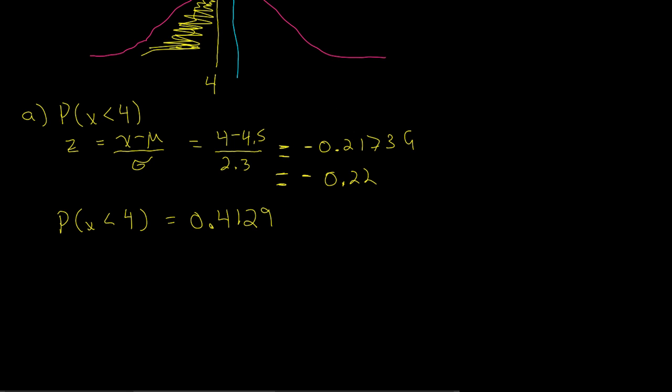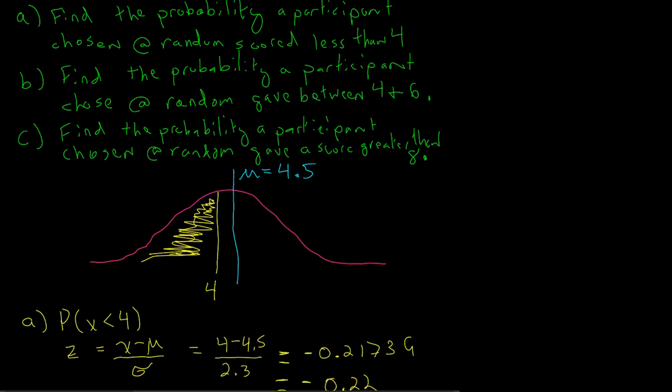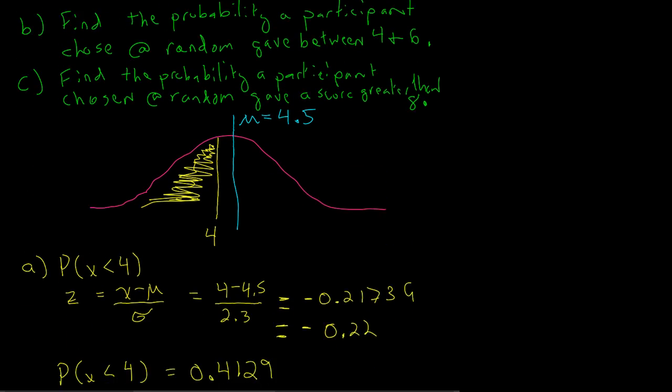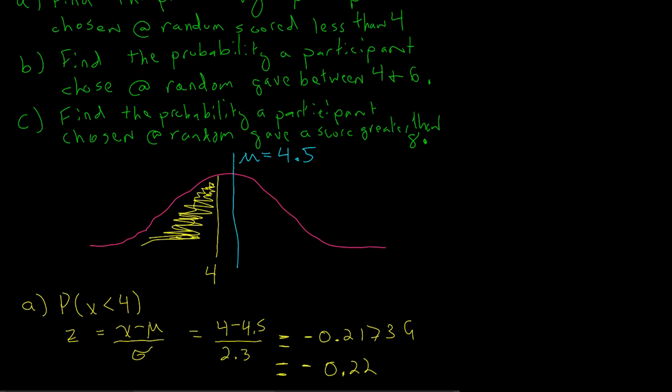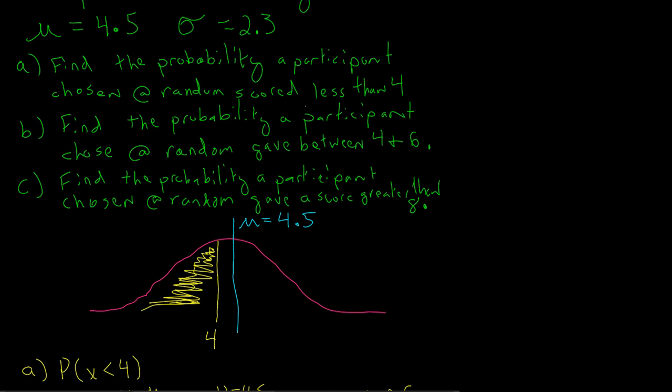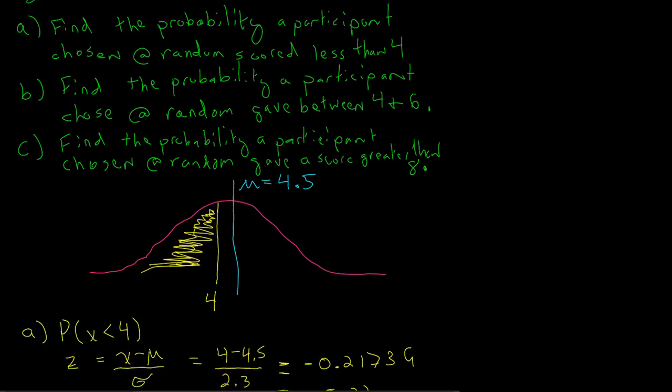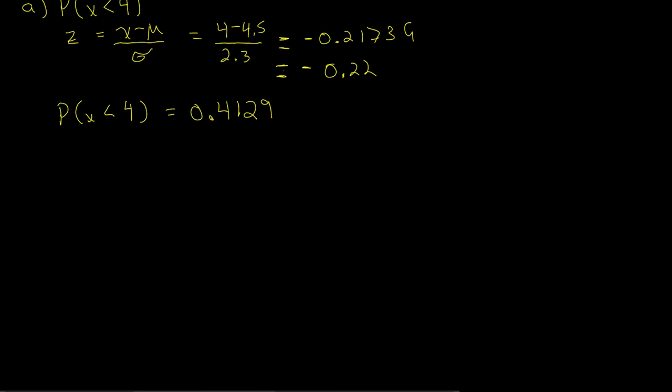Let's look at our second probability here. Our second probability is between 4 and 6. Now I'm going to draw question B here. What's the probability between 4 and 6? So I'm going to draw another normal distribution here. We'll look at B. We want the probability that we're between 4 and 6.